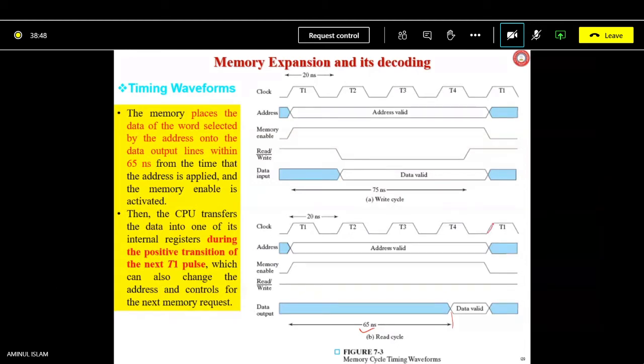The next T1 is this one. During that time it takes the data inside its register. That register may be the accumulator, B register, C register, D register, or any other register.